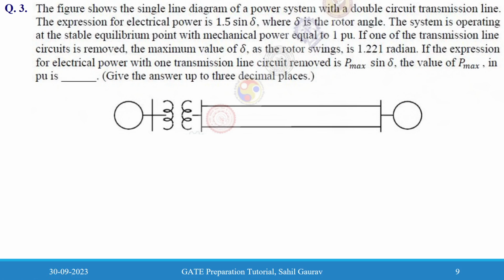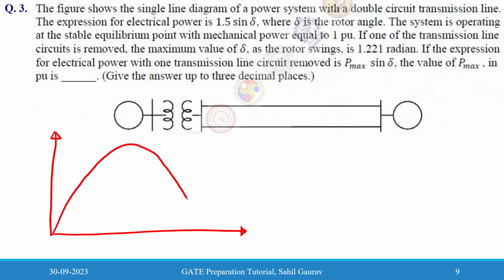So first we will make the power delta curve. How does this power delta curve look? Before the fault occurs, when both the lines are present, you can make the P delta curve like this.